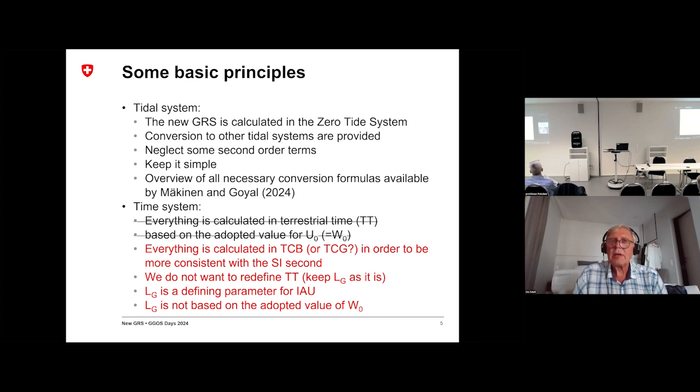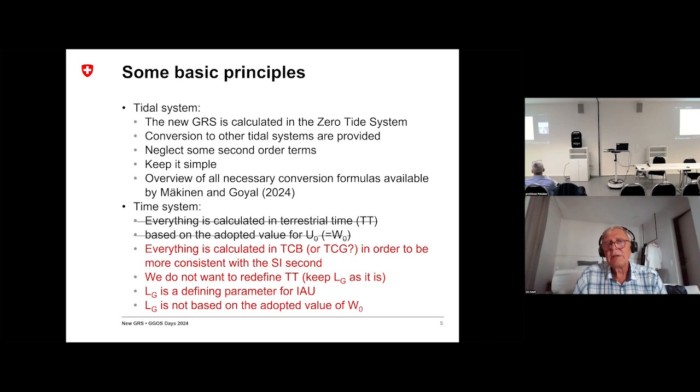We will not go for every minor detail, so we will neglect some second-order terms in order to keep everything as simple as possible. For the conversion between the tidal systems, the formulas are well known, and they are summarized, for example, by Jaakko Mäkinen or also by Ropesh Goyal.